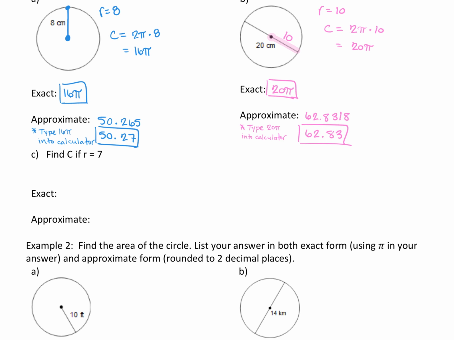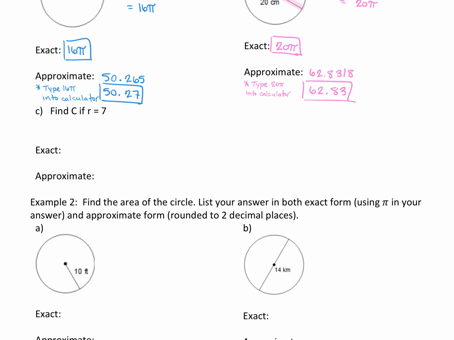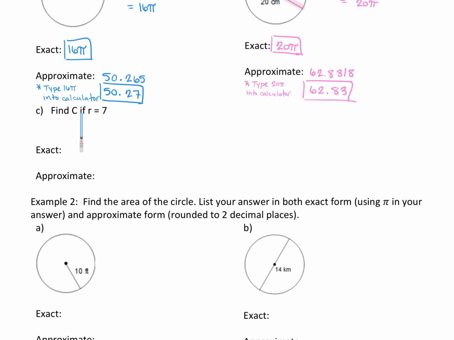For our next example, we want to find the circumference if the radius is 7. So we have the circumference is 2 pi r, but r is 7. And so exact, we multiply the 2 and the 7 together. That gives us 14 pi. And then approximate, type 14 pi into your calculator, and it gives us 43.98.